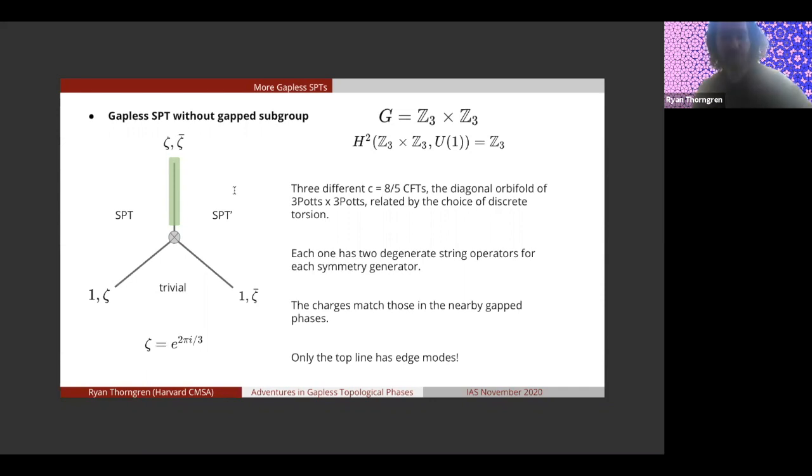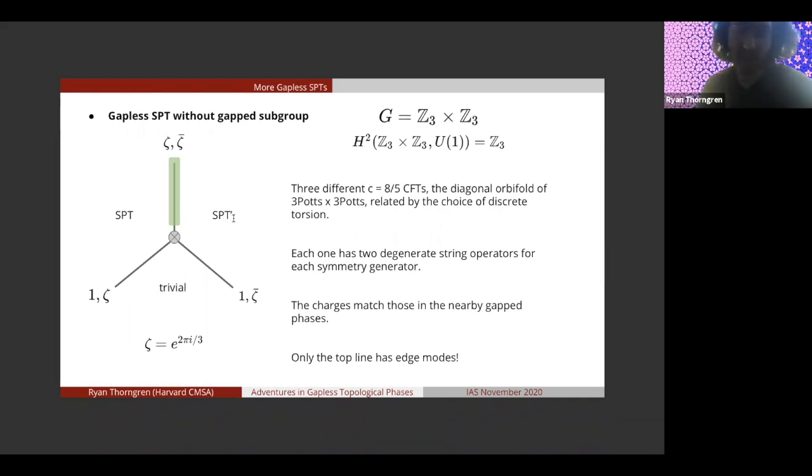Now, it turns out that there's some Z3 symmetry that rotates this phase diagram, but it's not local with respect to the Z3 times Z3 global symmetry. And we find that only this transition from one SPT to the other has edge modes, whereas the transition from the trivial phase to either SPT or SPT prime both have trivial boundary conditions.